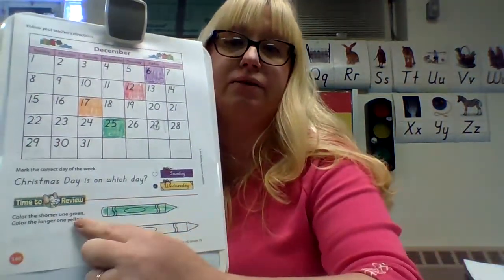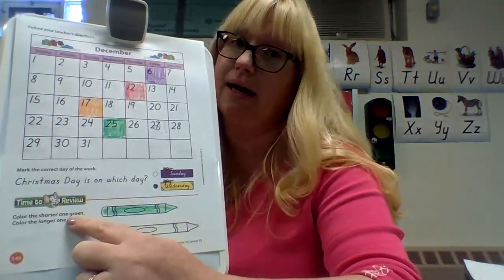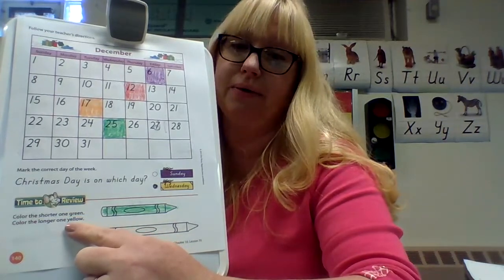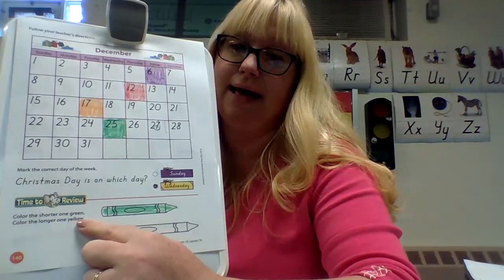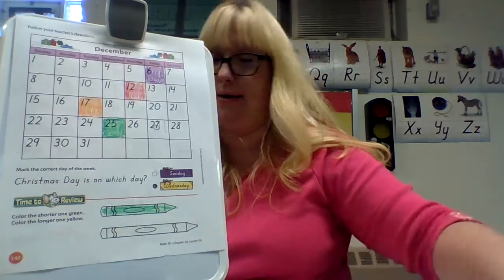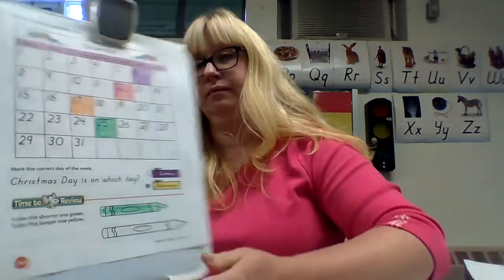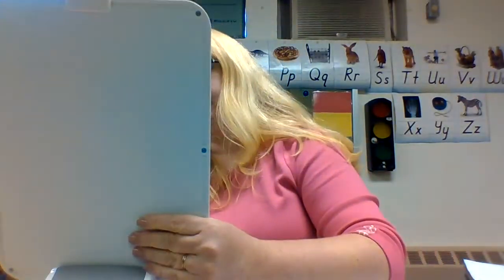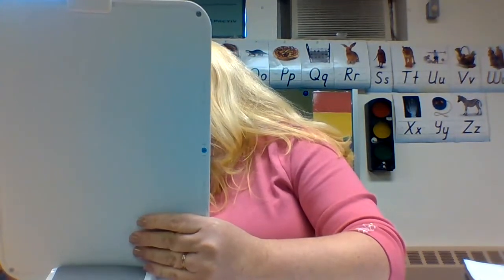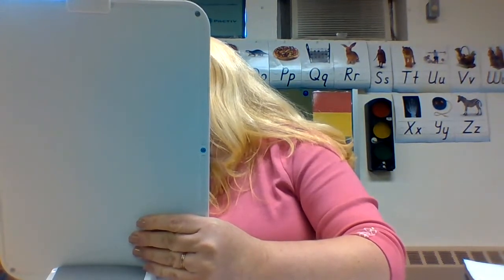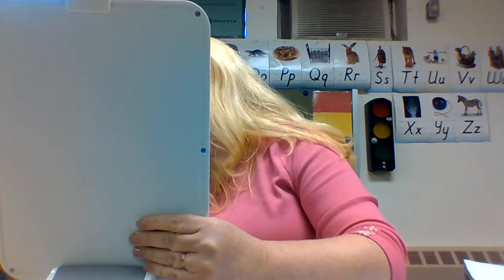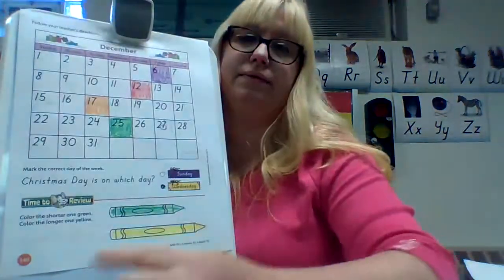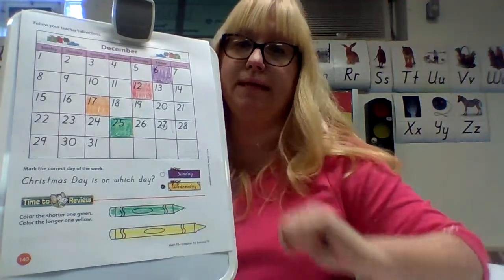You should be able to read that color word green. What color word is this? Yellow. So you're coloring this one yellow. Alrighty, so this one should be green, this one should be yellow.